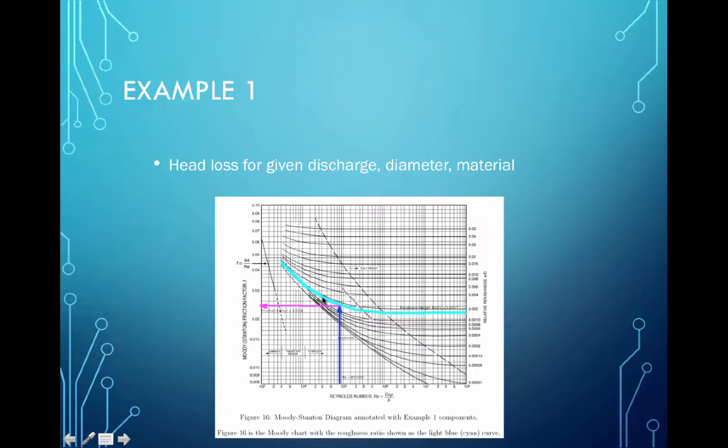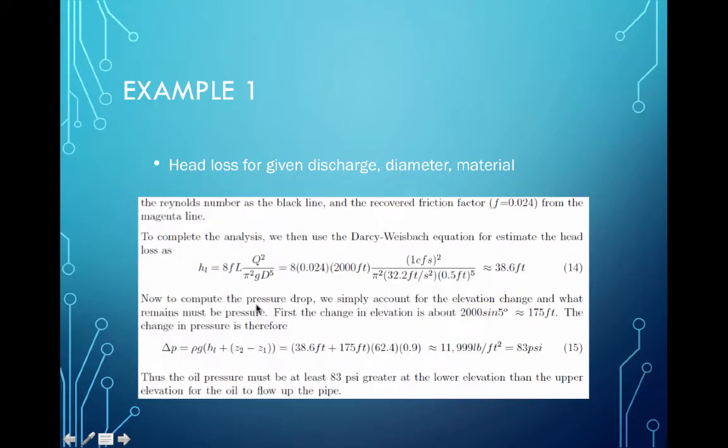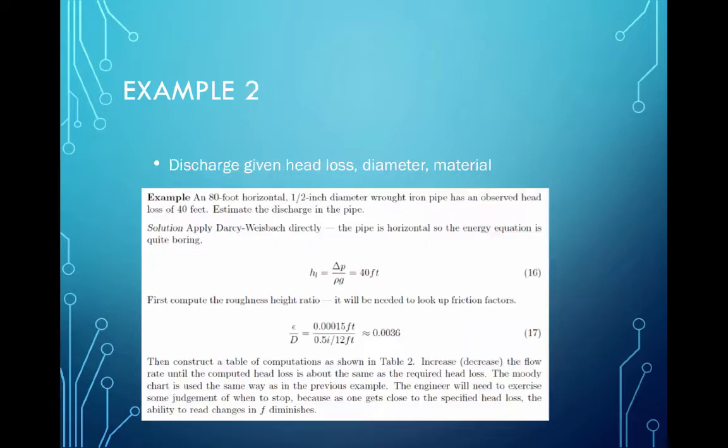One here is shown in teal. We enter with the Reynolds number, hit the teal line, read off the friction factor, and it was 0.024, and that gives us a head loss of 38 feet. Then to compute the pressure drop, we have to account for the elevation change, and that solves that problem.